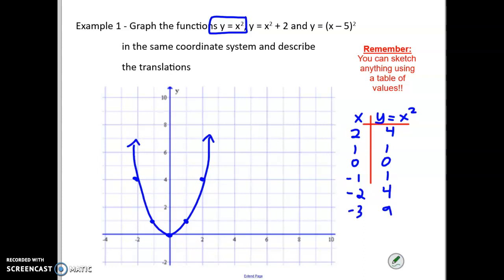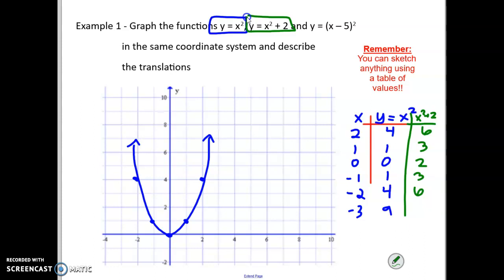Now we're going to look at what happens if it's x squared plus 2. If I add on to my table and say x squared plus 2 is my new y value, then for the 4, we get 4 plus 2, so 6. 1 plus 2 is 3, 0 plus 2 is 2, again 1 plus 2 is 3, and 6.